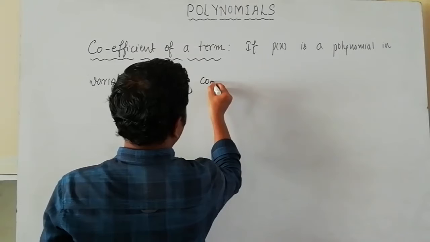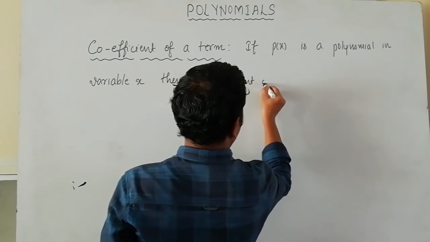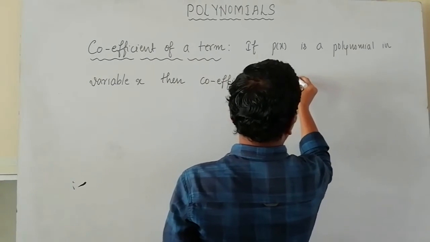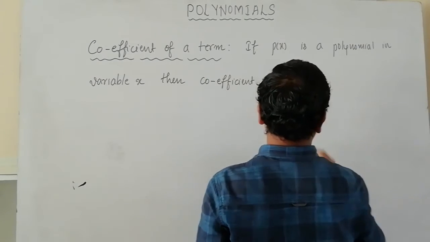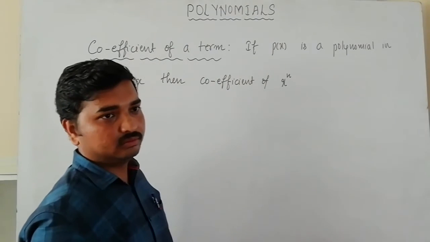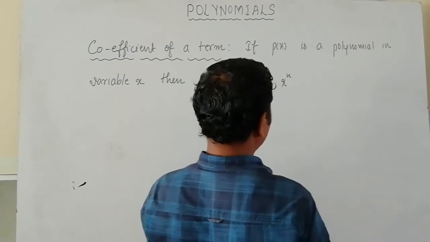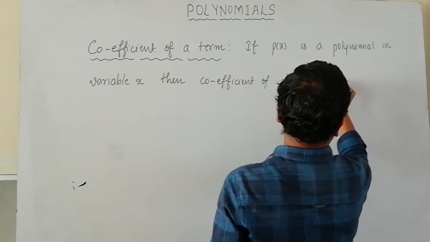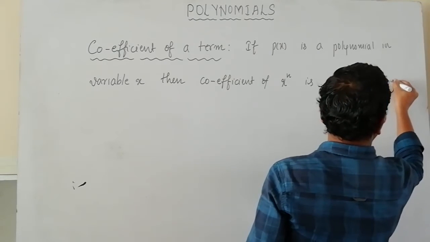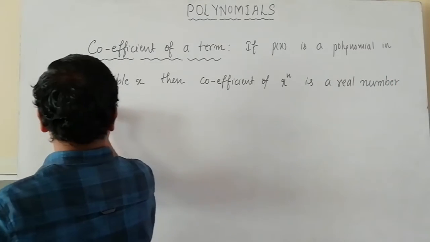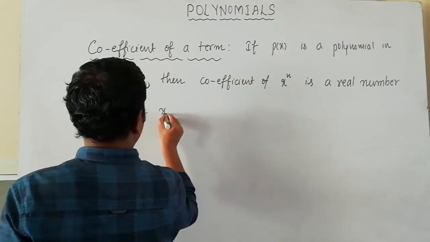then the coefficient of x power n is a real number beside the x power n.